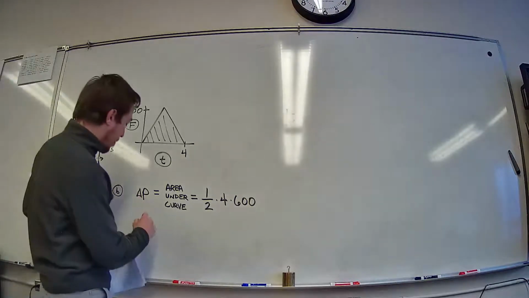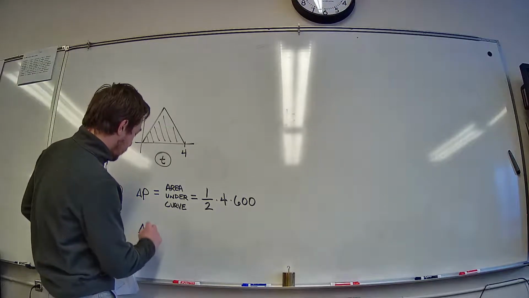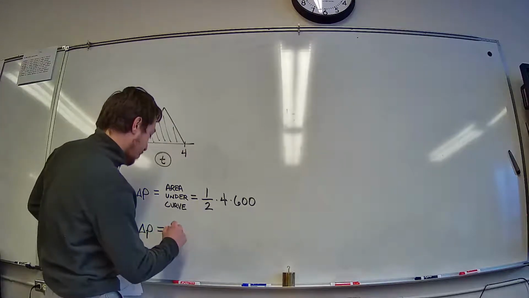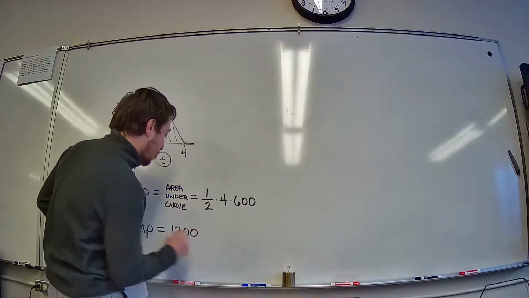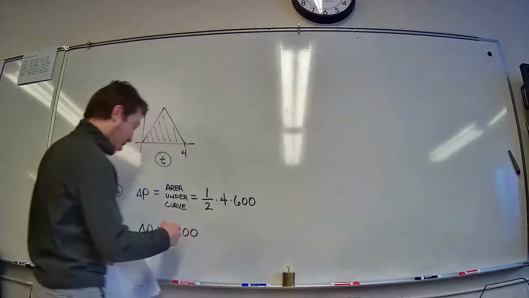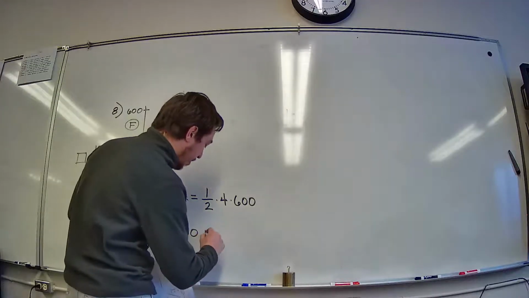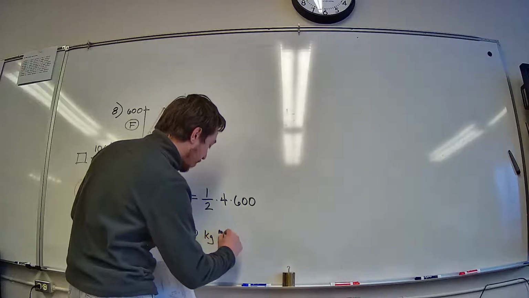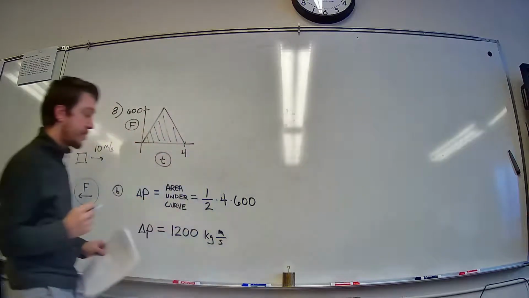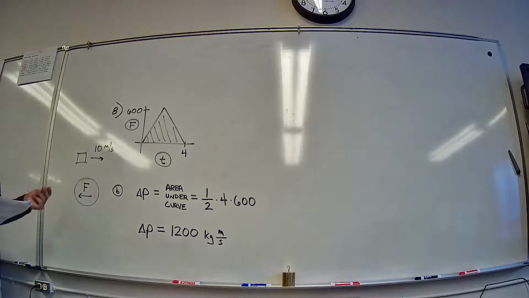All right, so our impulse is 1,200. For units, we can say Newton seconds, or we can say kilogram meters per second. Okay, that's part B, the impulse.